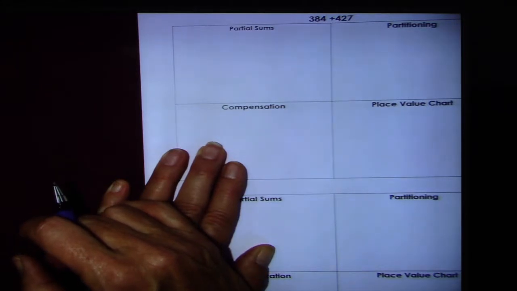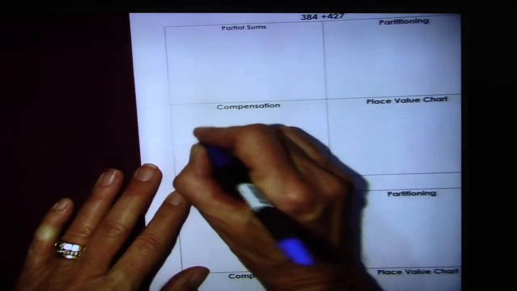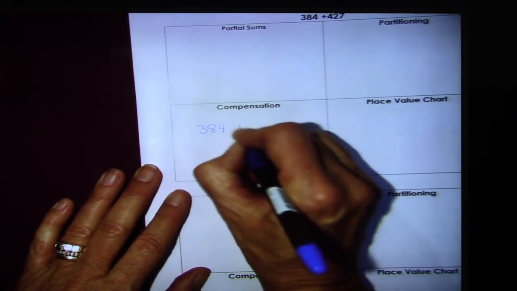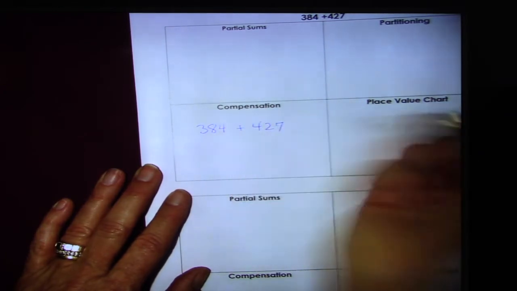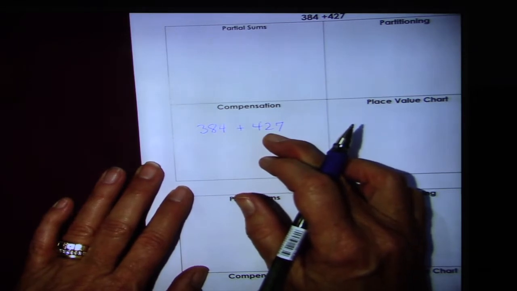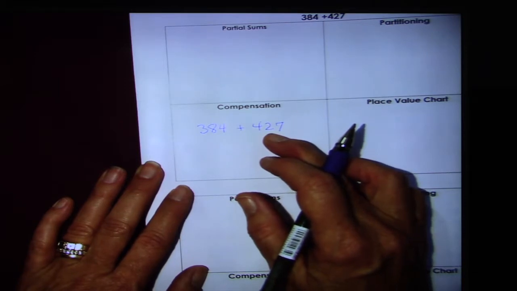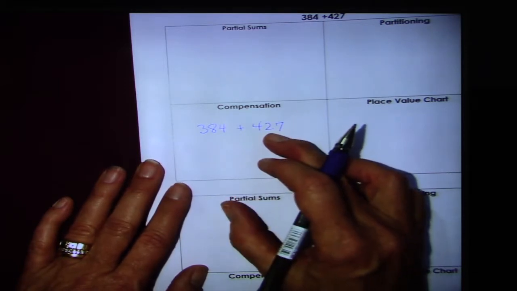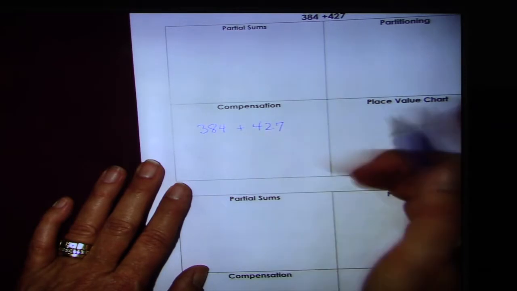Because for me, let me write this down. If I were to get 427 to 420, it kind of almost doesn't help me much. This is kind of what I would call an ugly problem. It's not harder, it's just not very simple.